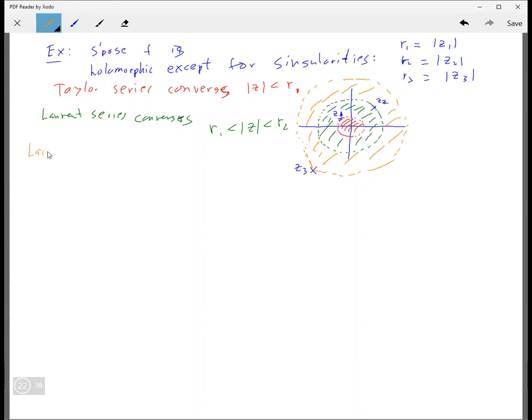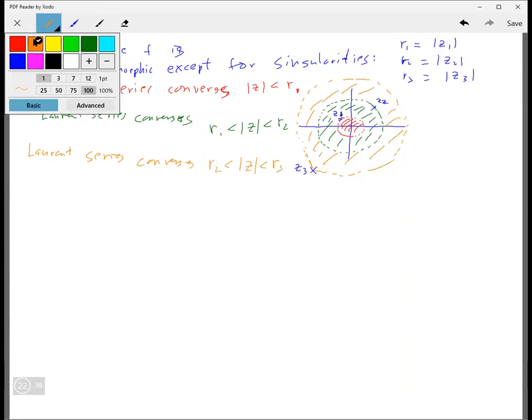Okay, so you have another Laurent series that converges in this one, in this kind of brown area.